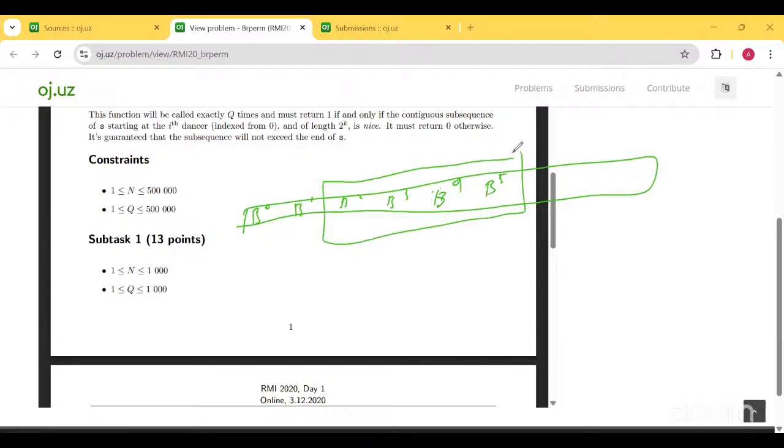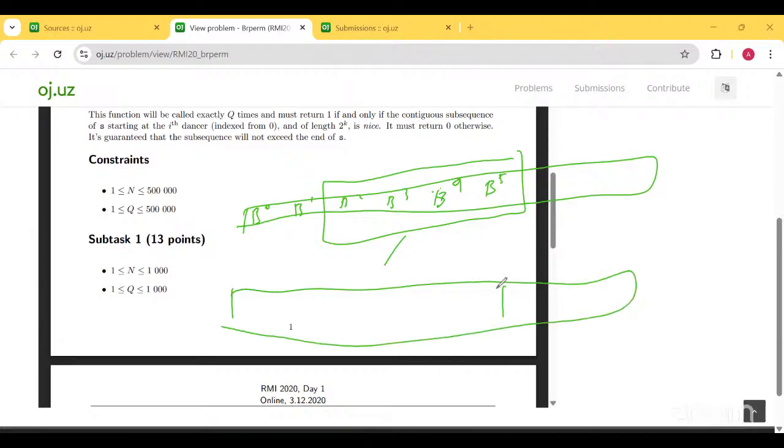Then to get this, we divide them by p square. Maybe you can still do that by some number theory idea. But my idea was like this: I just pre-compute this and we get the value of this.